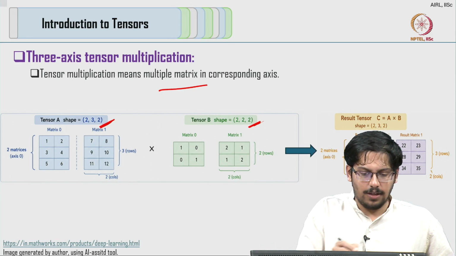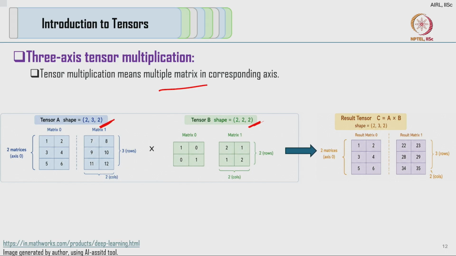For example, if I try to work around the axis 0, what we would do is we would try to multiply the matrix 0 in tensor A with matrix 0 in tensor B and get the value as matrix 0 in the tensor C. Similarly, we could take the matrix 1 in tensor A, we could take the matrix 1 in tensor B, and we could multiply and get the value, right.